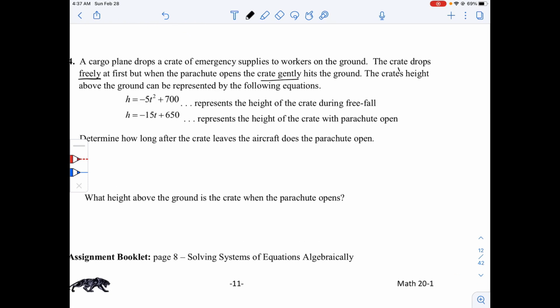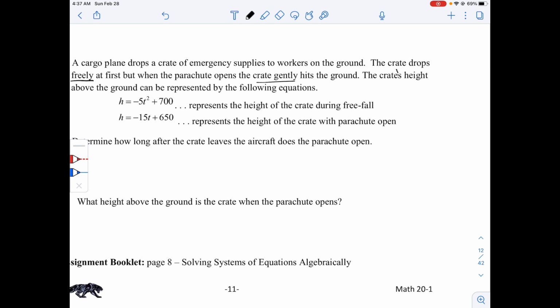As a quick, rough sketch of that, I know that the first equation is a parabola, and we're looking at time here, so we're only going to be in the first quadrant. If I do a quick rough sketch, our parabola has a vertex at 0 and 700.